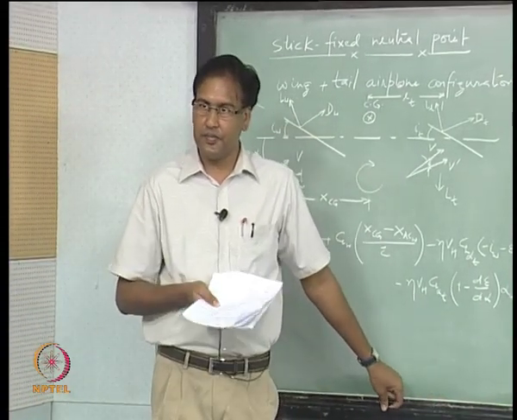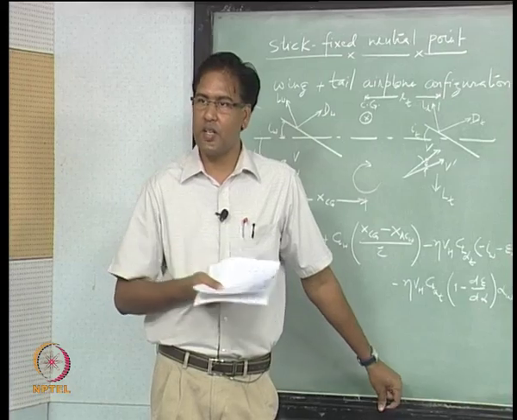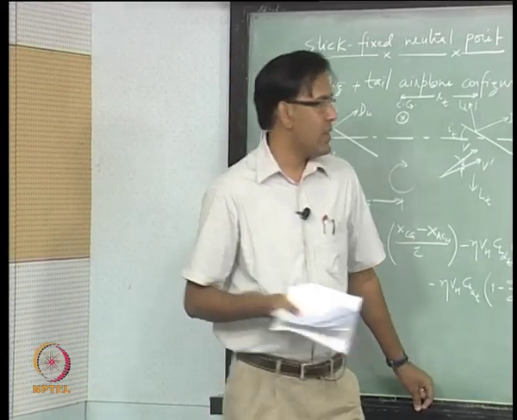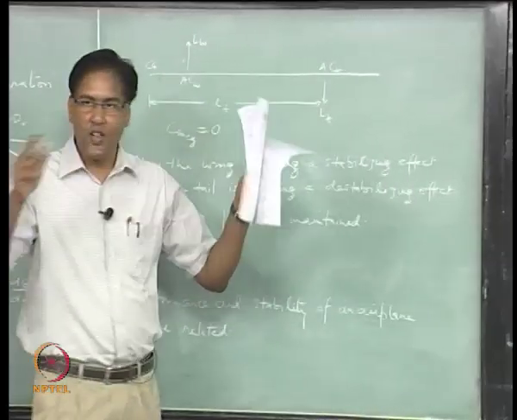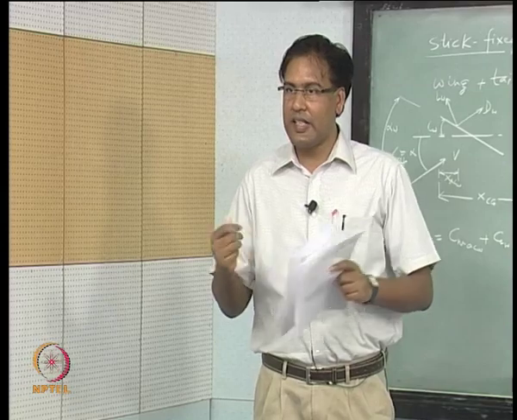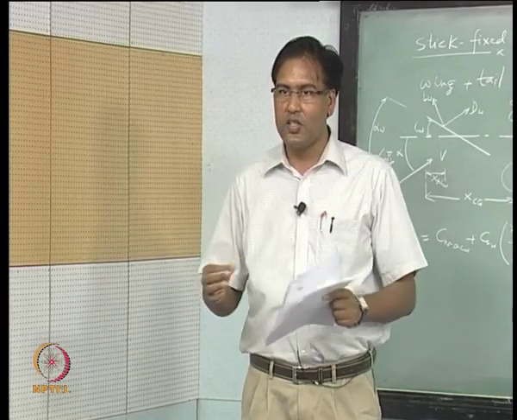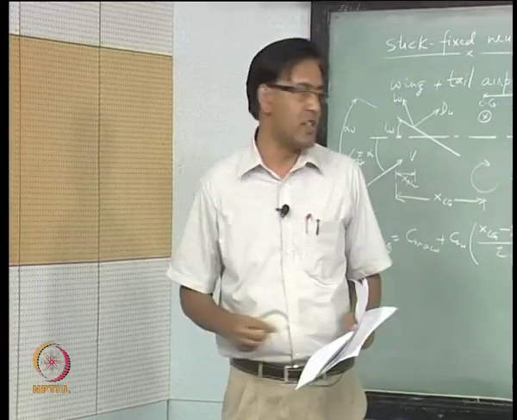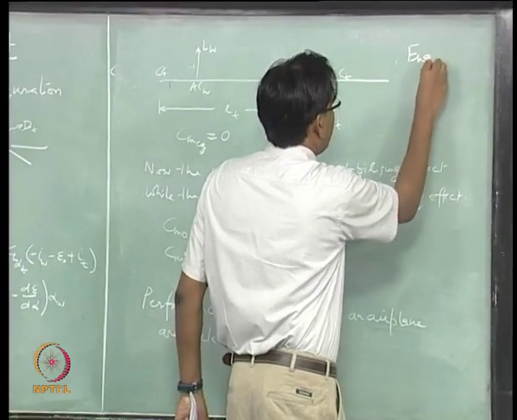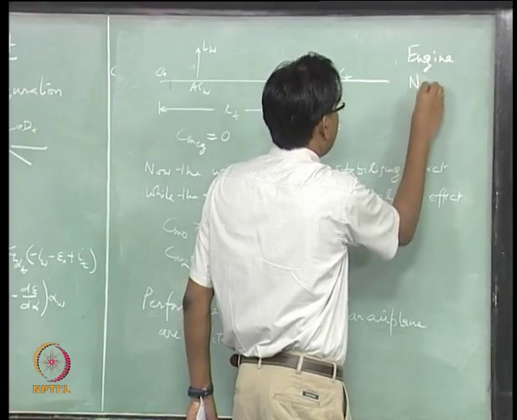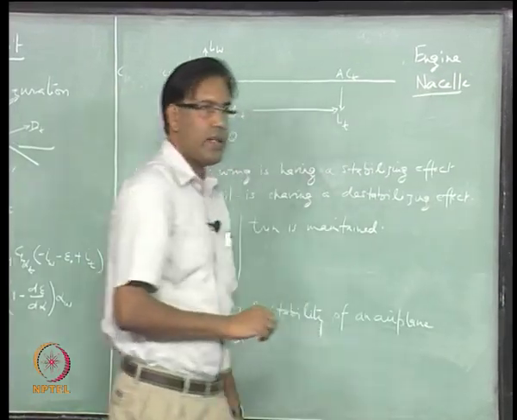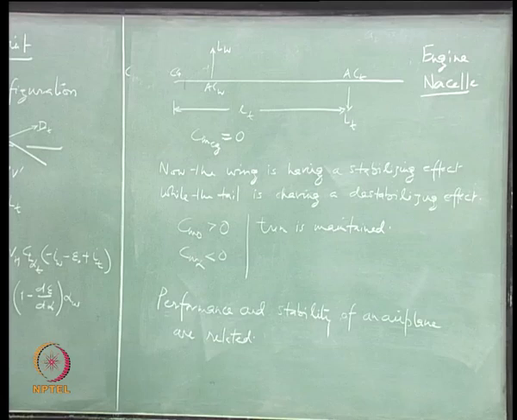But for normal transport aircraft, the power plant is also encased within what is called the engine nacelle, right, and that is also looking like a fuselage, a body of revolution. And it is going to contribute to Cm alpha, right.